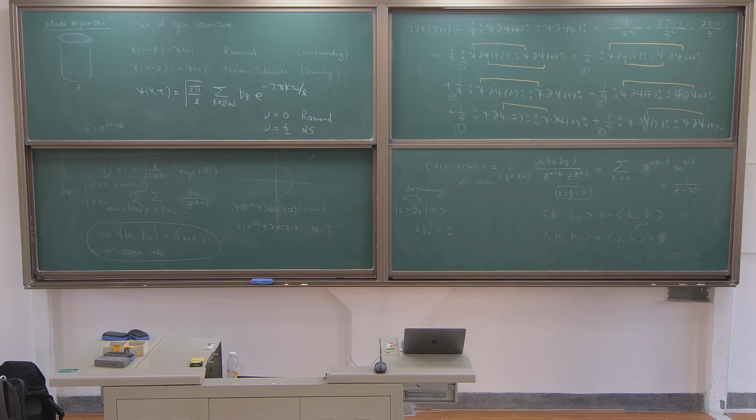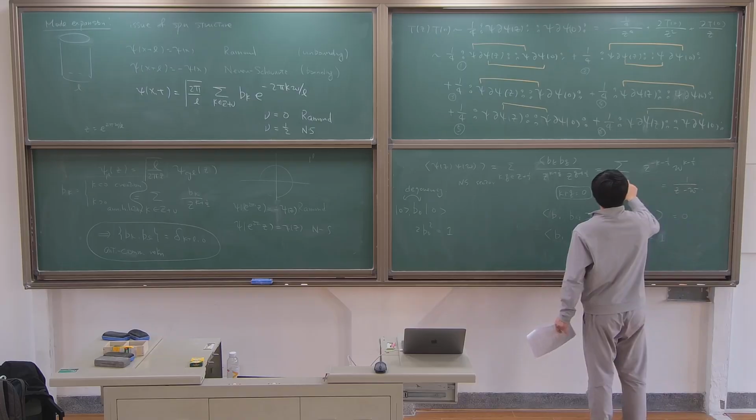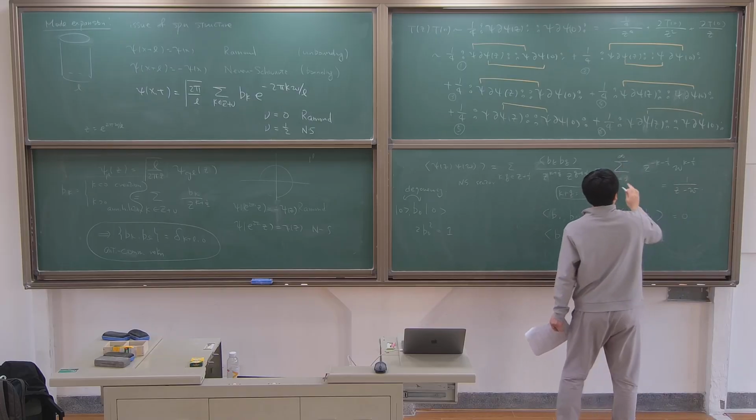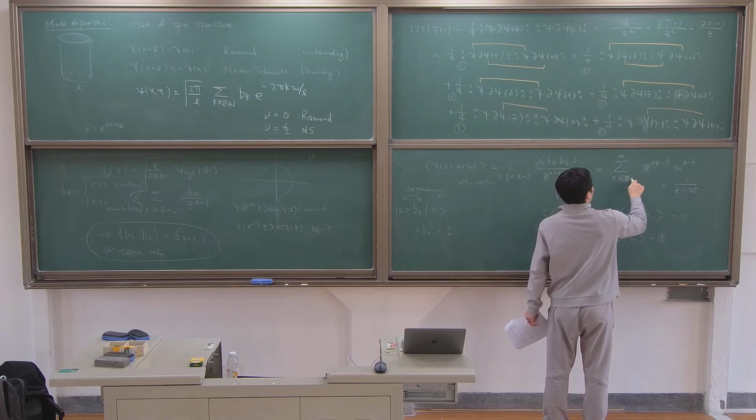Can you do this computation? No need to repeat. So this is k from 1/2 to infinity. K is always half integer.